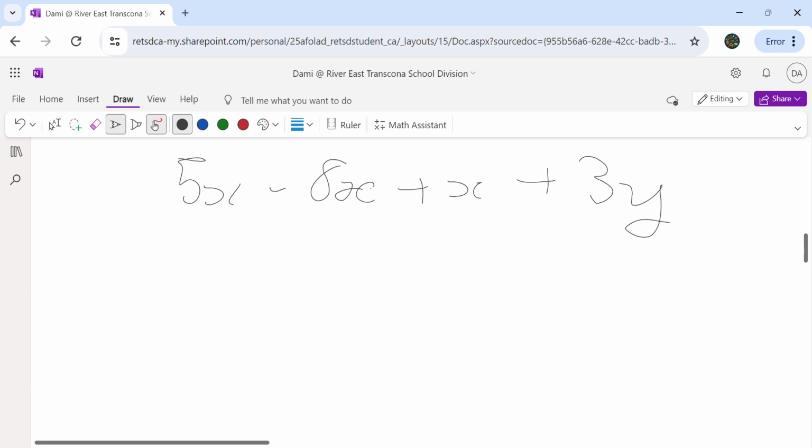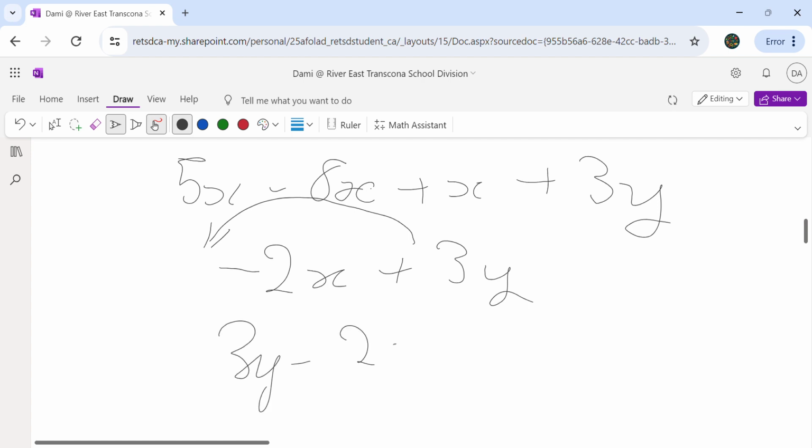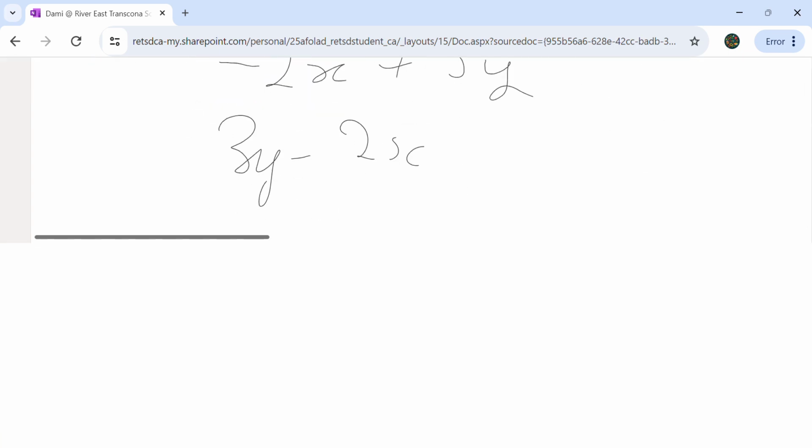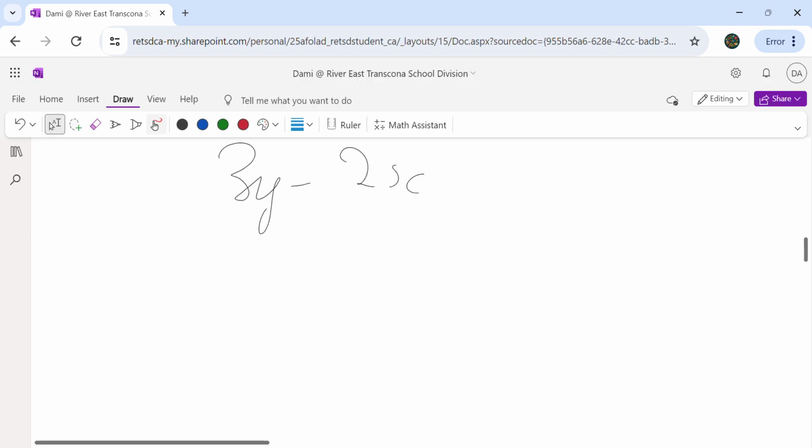It's already grouped for us. 5x minus 8x is minus 3x, plus x is minus 2x, then plus 3y. We want the positive term to be first and the negative term not to be first. So we have 3y minus 2x. Note that 3y and 2x are unlike terms, so they cannot be simplified further than they already are.